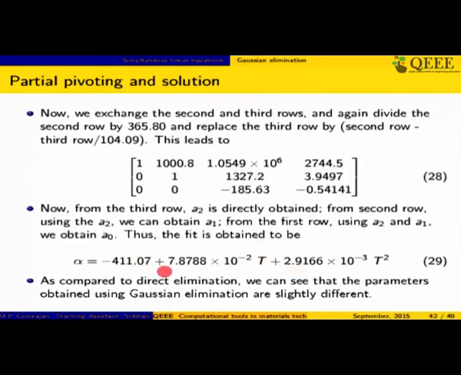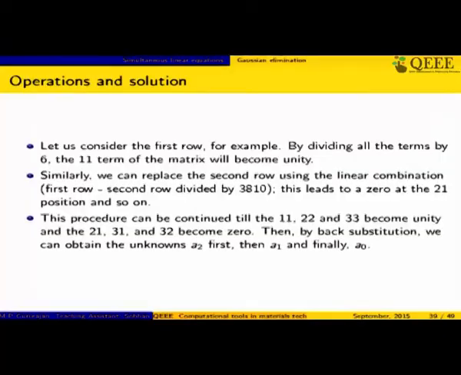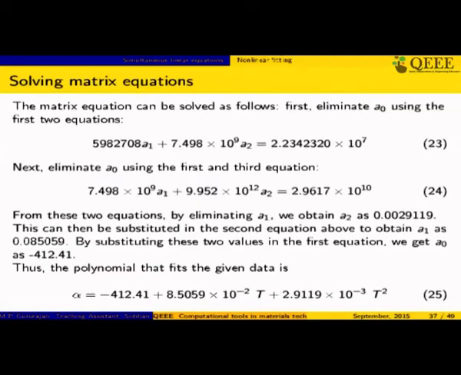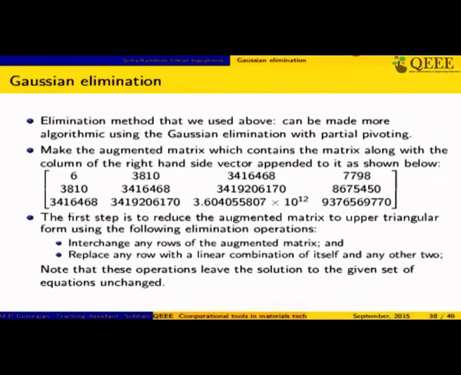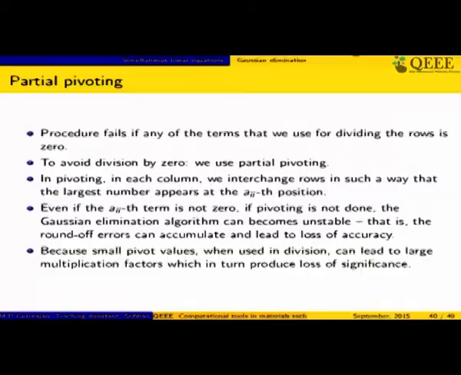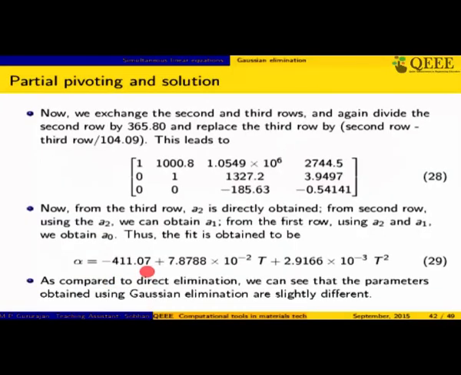And you can see that when we did the direct elimination, the numbers that we got are slightly different. So here we have 412.41, for example, but after elimination you get 411.07.